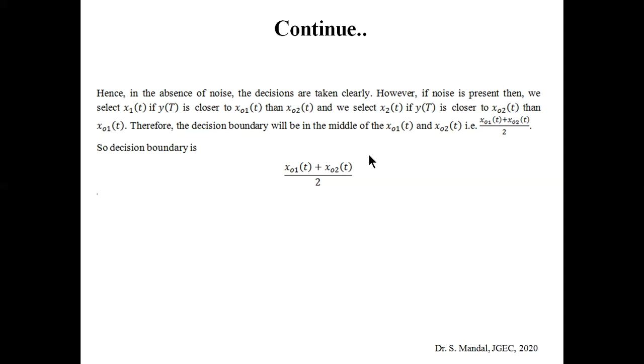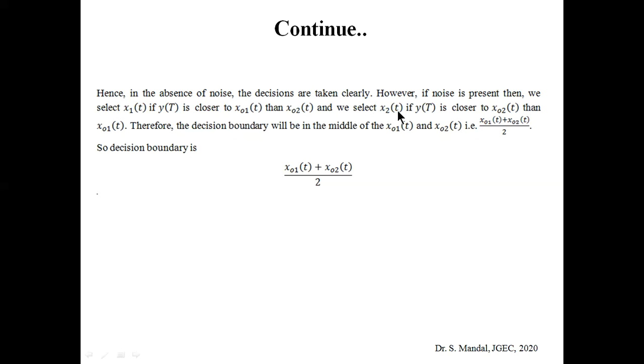So when the noise is present, the optimum filter can select x1(t) if y(t) is closer to xo1 than xo2. Consider that the optimum filter will decide that the received signal is x1(t) if y(t) is closer to xo1 than xo2.